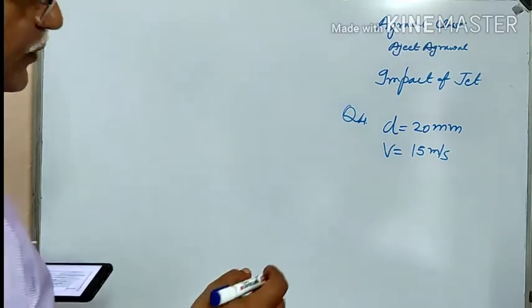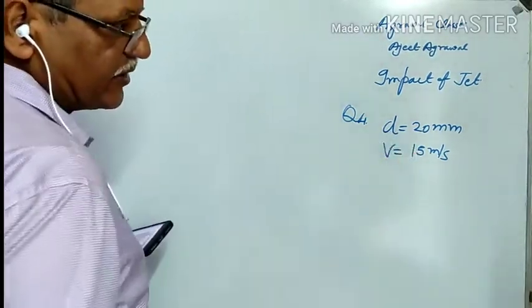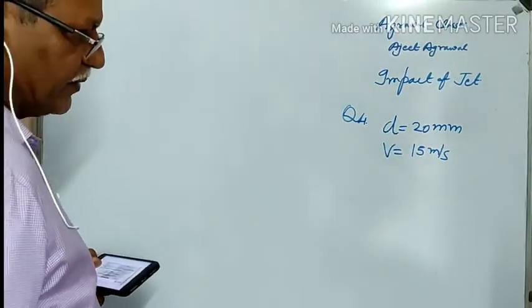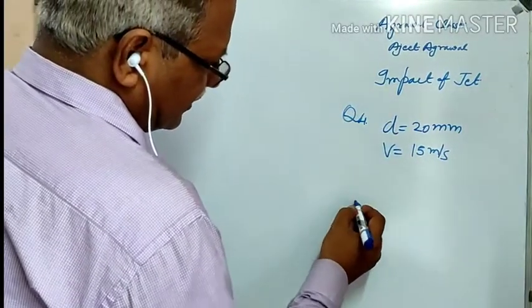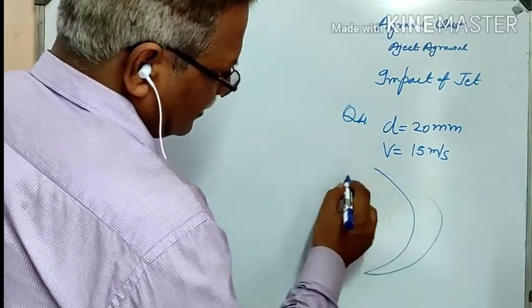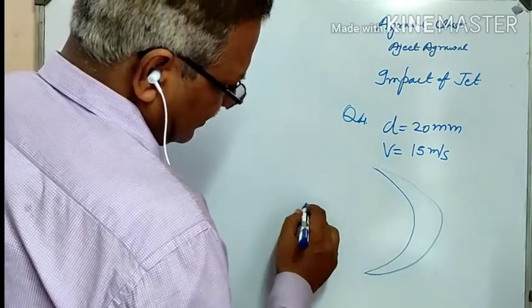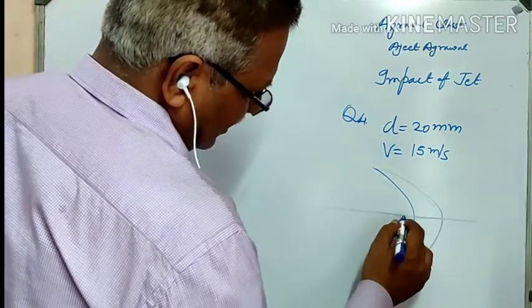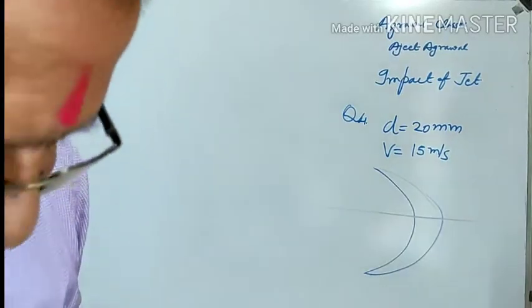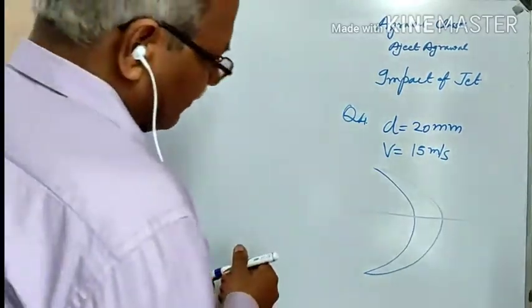In question number 4, the diameter of the jet is given as 20 mm and the velocity of the jet is 15 meter per second. On a curved symmetrical plate, the jet is striking at the center and is getting deflected in both directions along the plate.